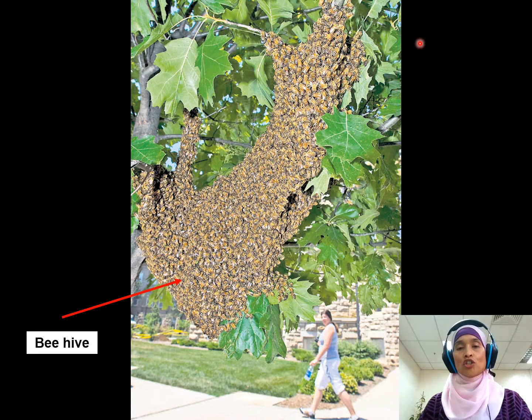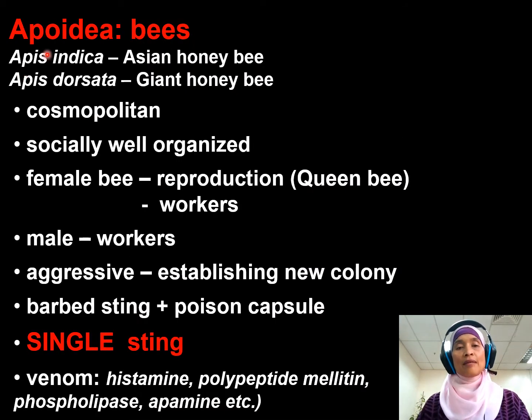This is a picture showing a beehive on a tree branch, present in the local neighborhood of this area. The bees Apis indica and Apis dorsata can be found throughout the world.